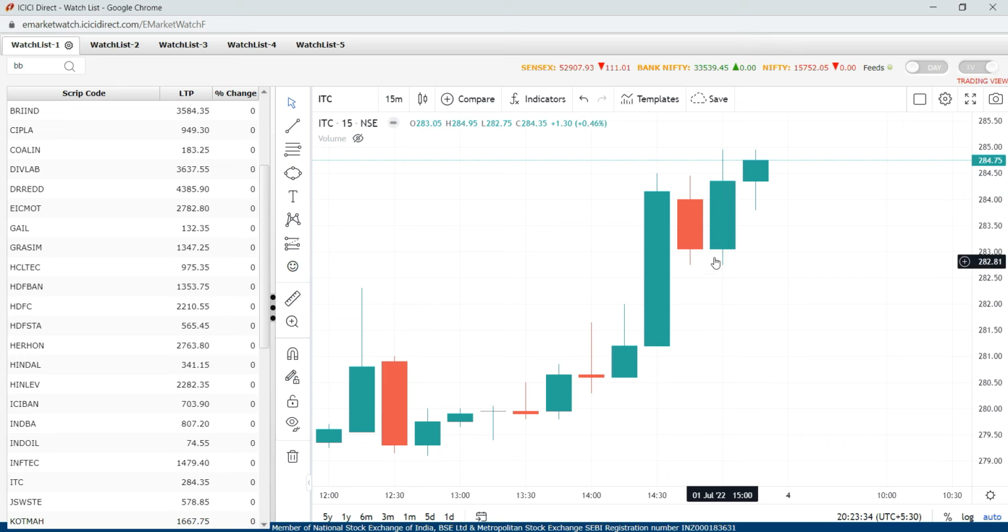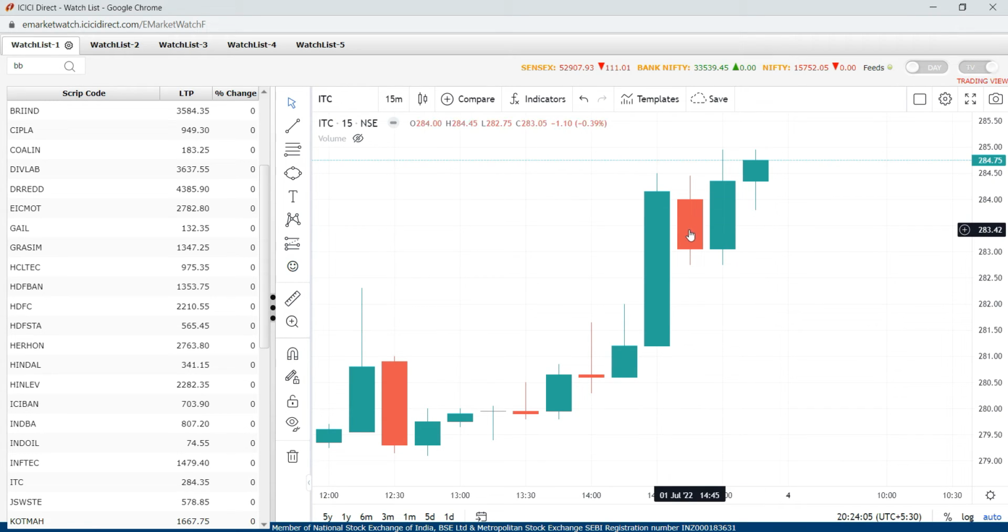So in a green candle, this is the opening, this is the closing, this is the high and this is the low. It opened at 283.05 and closed at 284.35. This is called the body of the candle. Whenever the closing of a candle is higher than the opening, it's a green candle.